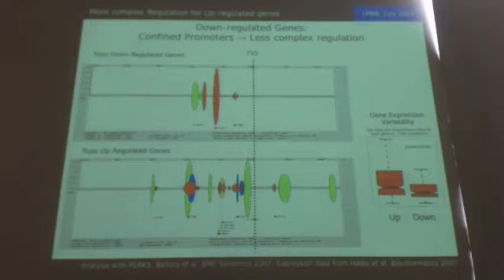You are not trying to explain it. What this tells you is that there is room for a lot of binding factors in these genes, but not in these genes. So you don't expect a huge collection of transcription factors to come and bind wherever in these genes' promoters. You can only have a few.